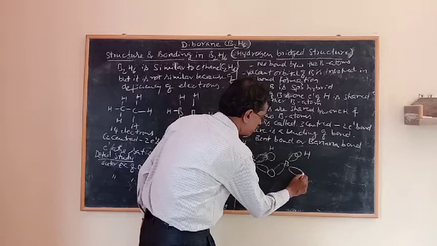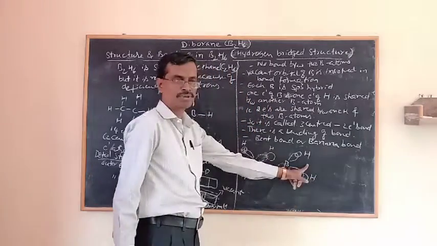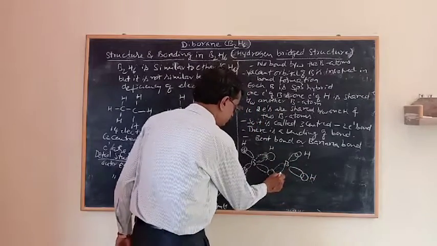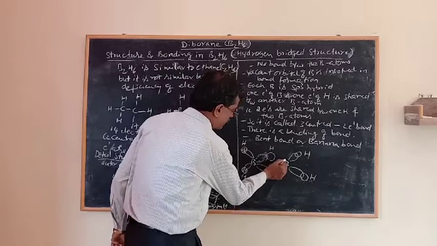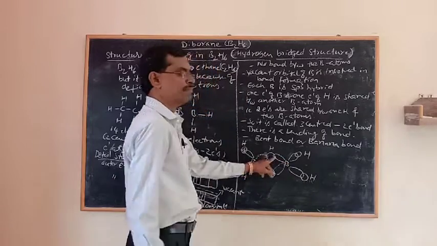Another boron atom is having again 2 hydrogens. These are present on the terminal side of this. So because of this there is a bending of the structure.